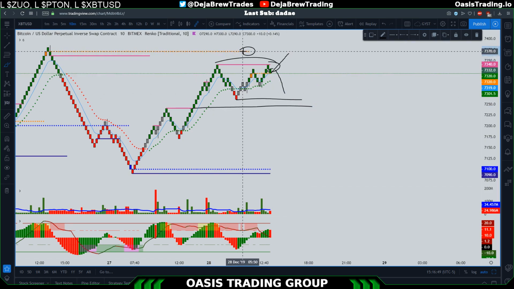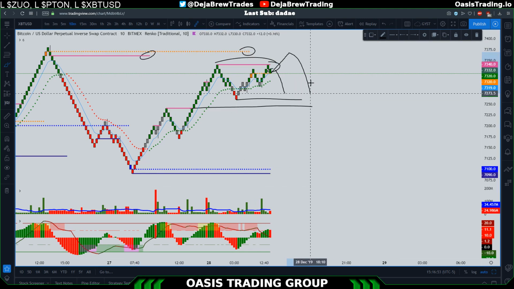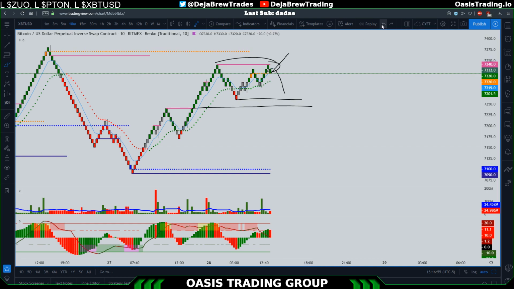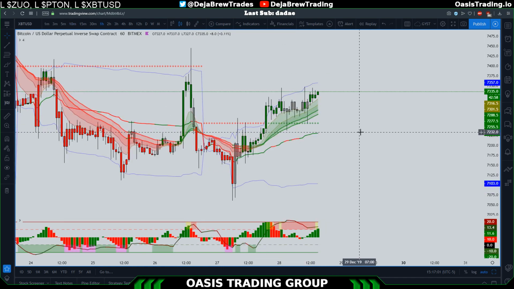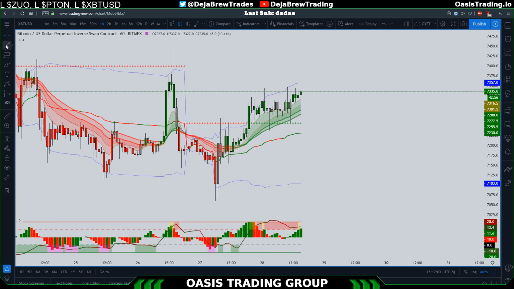But I'm looking for one more push up, maybe towards this pivot, towards this resistance here, and then fail downward. That's the goal here for our competition trade. But if it starts to fail a little early, we might miss this trade.